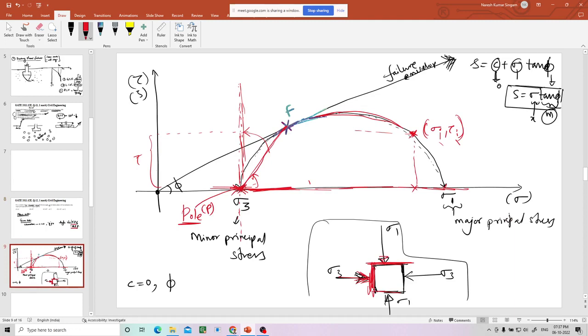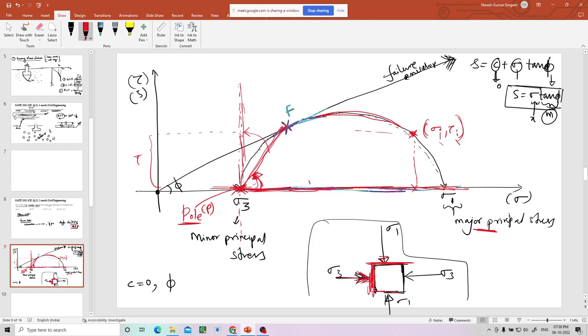You just have to connect major principal stress and pole. That is nothing but the horizontal line here. So I am drawing from pole to sigma 1. This is the major principal plane, and this is the failure plane. So you need to find out this angle, that is the thing which is asked.